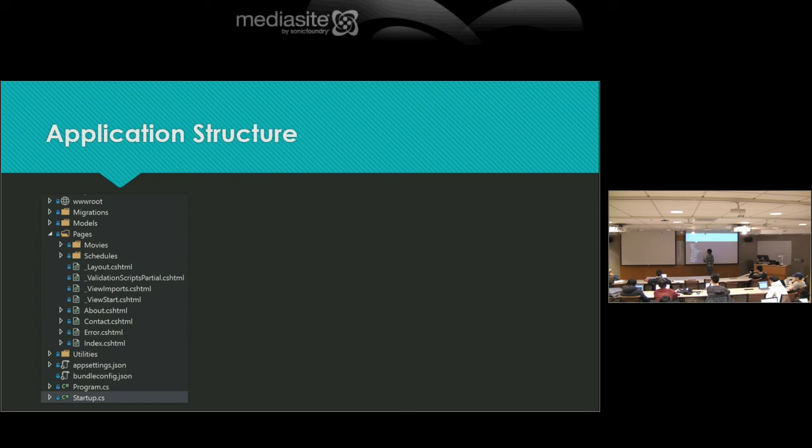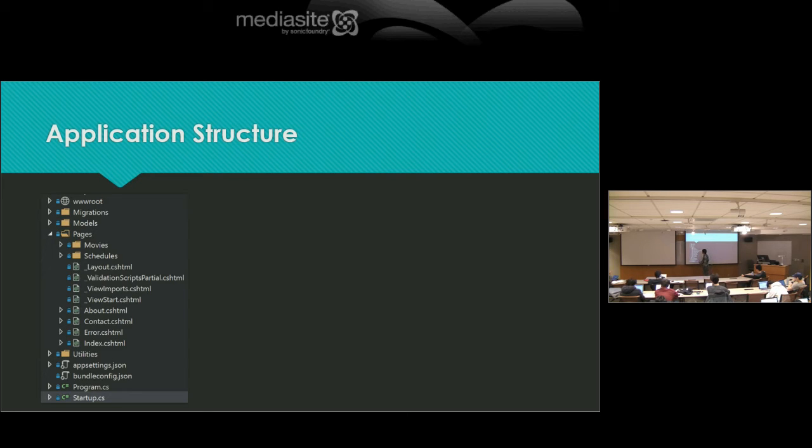So when you create a simple ASP.NET Core project, this is the basic structure. You have wwwroot, which is the folder where you put all your static resources like CSS style sheets, your images, your JS files, and you have Models, where you put your data models. Pages is the default place for the Razor pages.